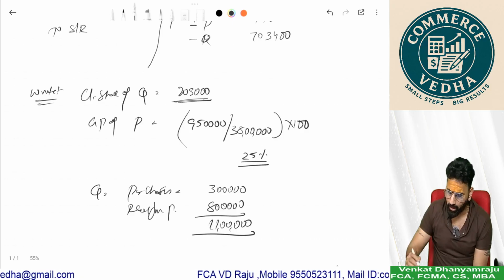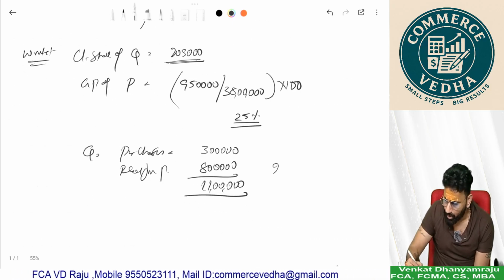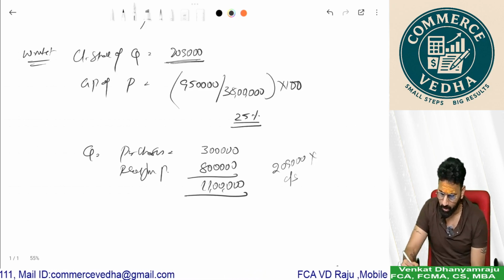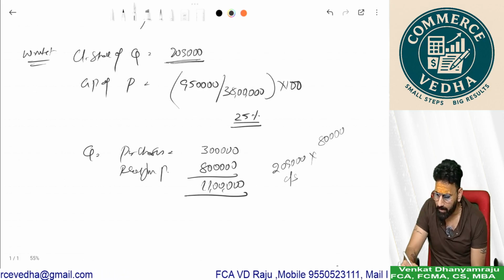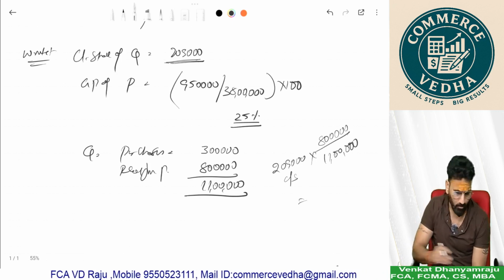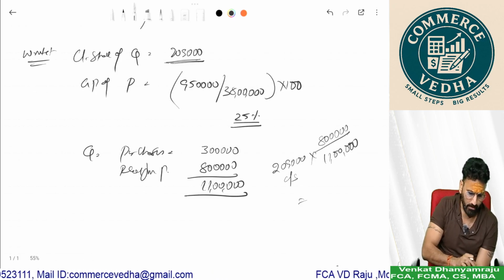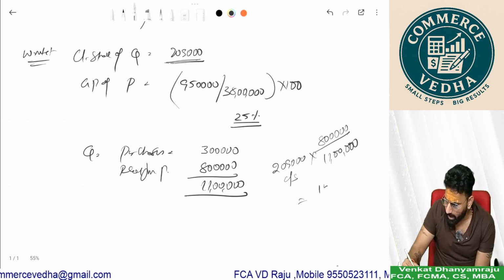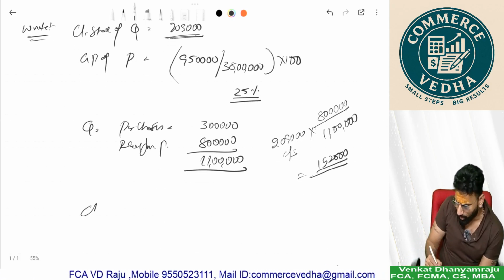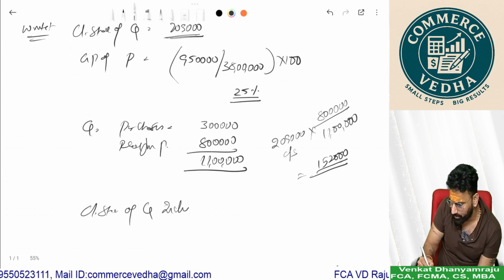Now to identify the portion of P in Q, we take 2,09,000 closing stock into received from P, 8 out of total 11. So 8 by 11 into 2,09,000 is 1,52,000.